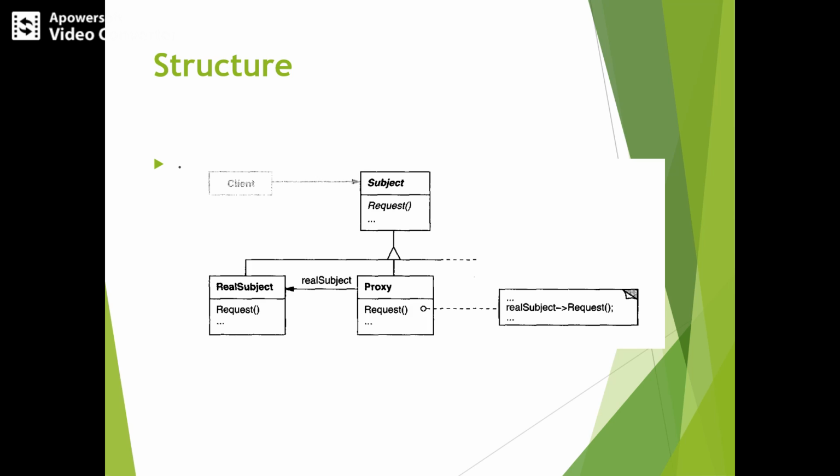This is followed by the participants. We will see all the participants of this proxy design pattern. The first one is the proxy, which here is the image proxy. In the participant part, the image proxy maintains a reference that lets the proxy access the real subject whenever required.